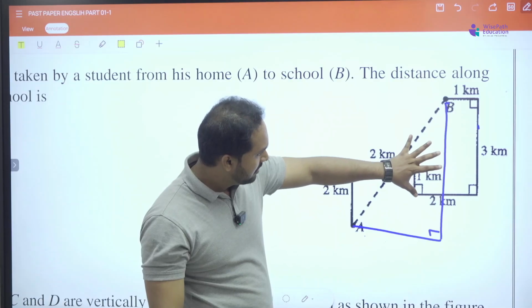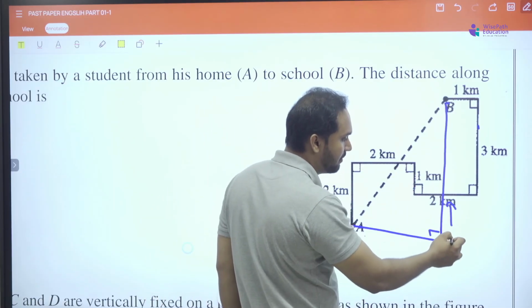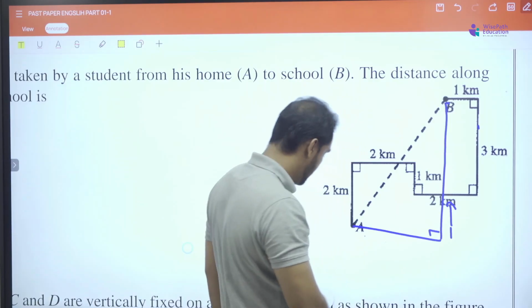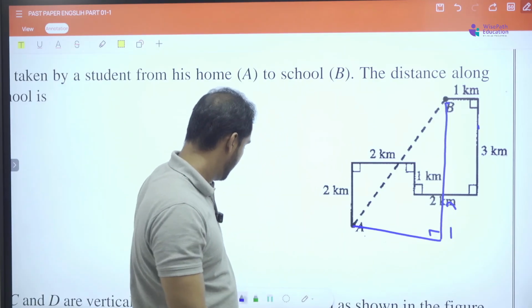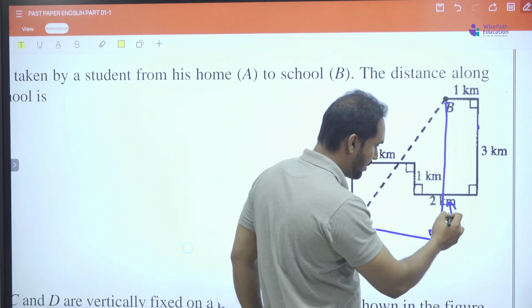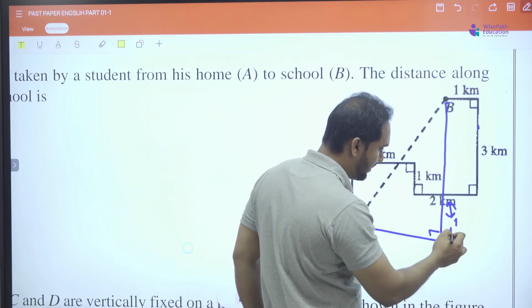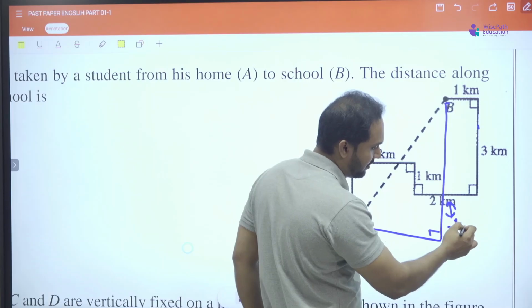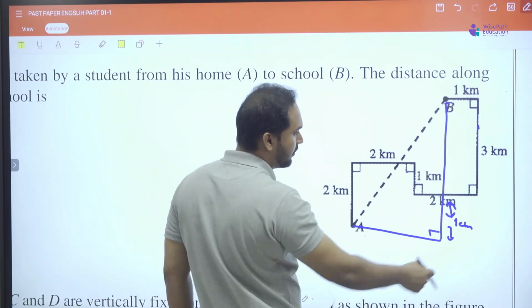And this is 1. So this side should be how much? 1, isn't it? It's also 1. Sorry, this is 1, right? Then the whole length is 4, right?